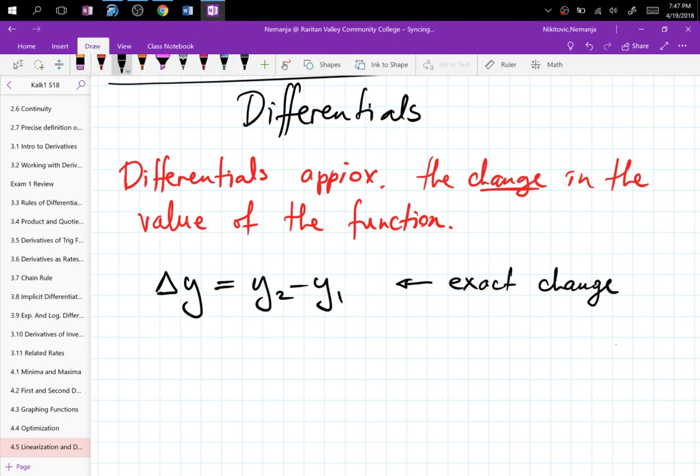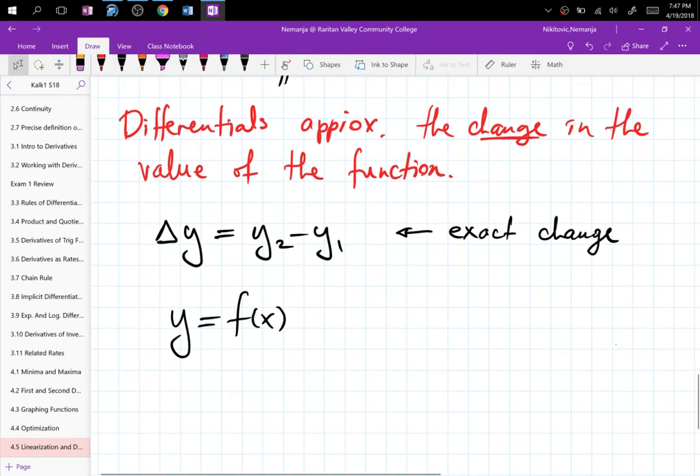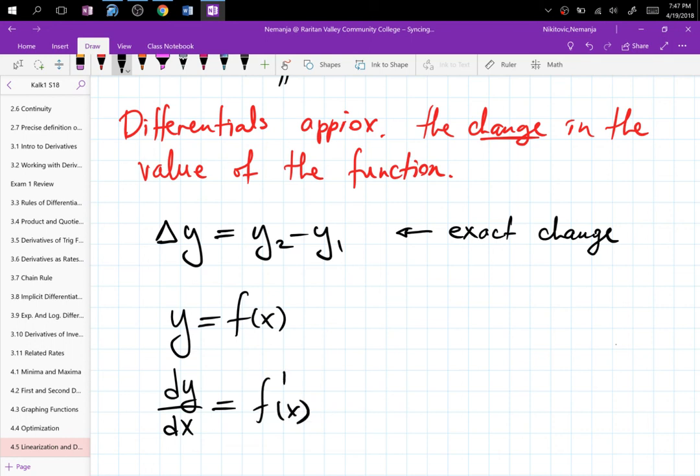So let's see what the differential is. Let's derive it. We start by writing down the pre-calculus notation that y is equal to f of x. And then we differentiate this using Leibniz notation on the left-hand side and modified Newton's notation on the right. Newton used y with a dot on top.